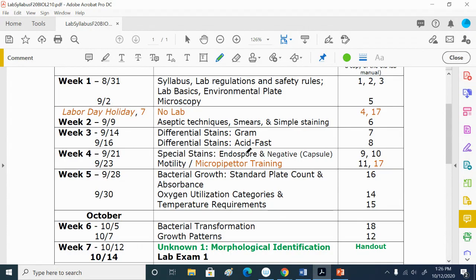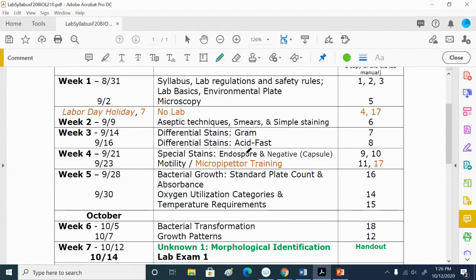Now the spore stain is another stain that requires heat, right? Because heat is needed to penetrate those spores. And so what's the primary stain for a spore stain? Malachite green. Malachite green.